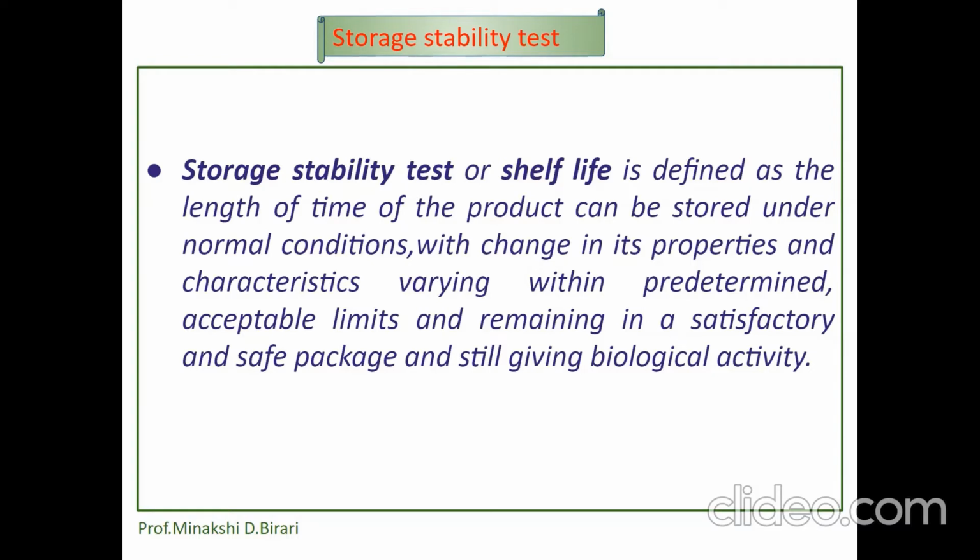That means agrochemicals can show changes under storage conditions, especially environmental conditions, that may be temperature and humidity. High temperature and humidity especially cause changes in agrochemicals. If they are stored improperly, they can break down.